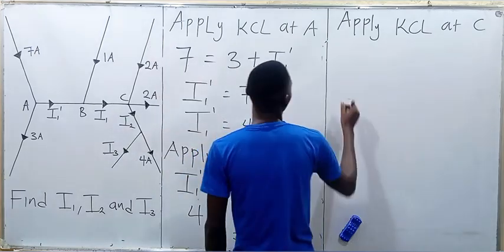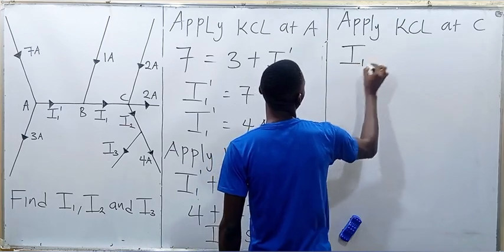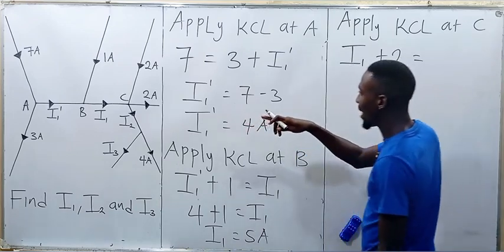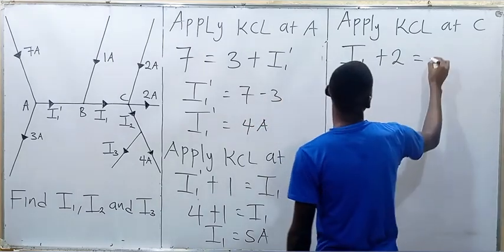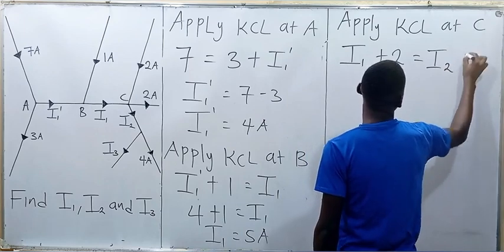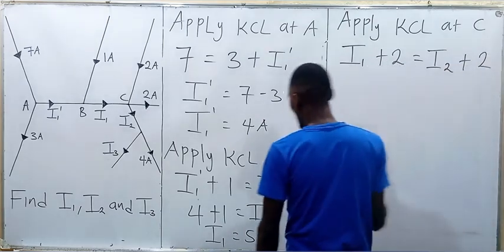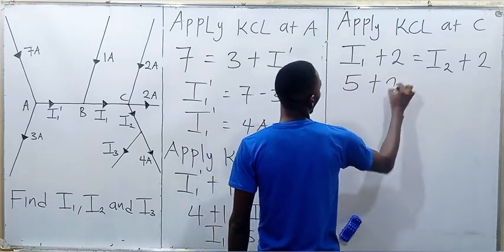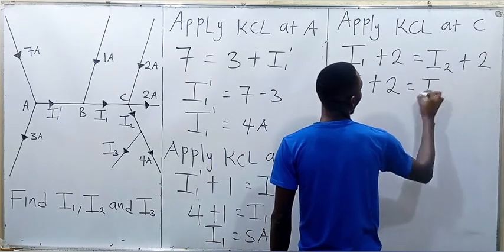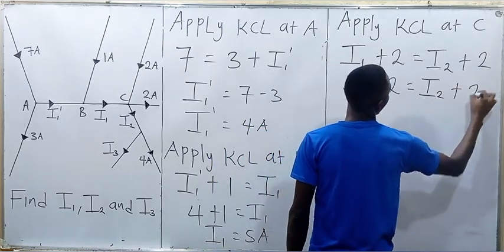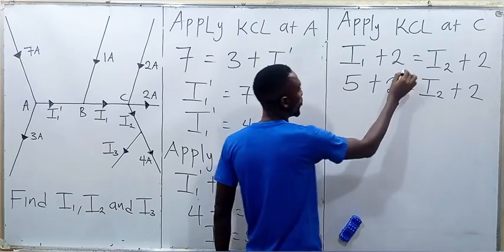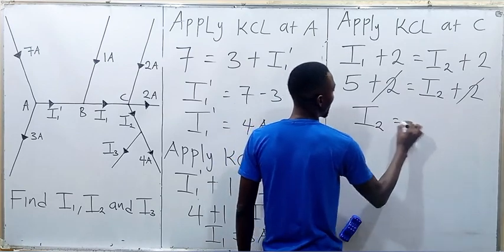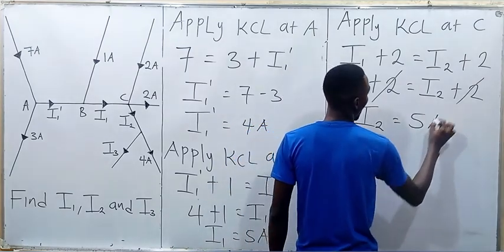So we are going to have I1 plus 2 equal to the current going out, which is I2 plus 2 ampere. Our I1 is 5 ampere, so we have 5 plus 2 equals I2 plus 2. Mind you, these 2 will go with these 2. Then I2 will be equal to 5 ampere.